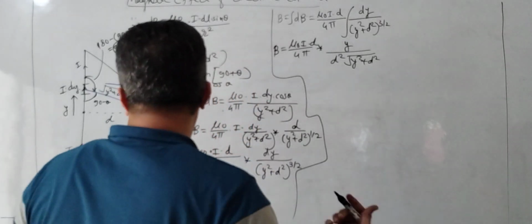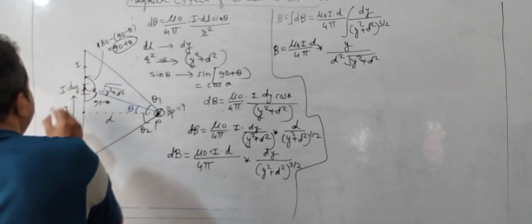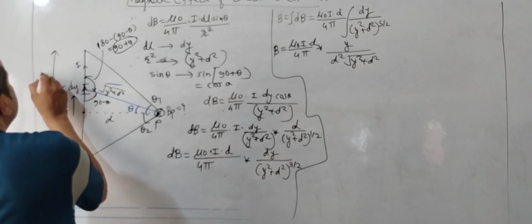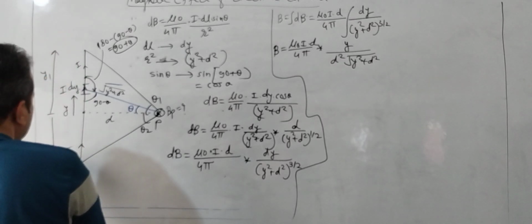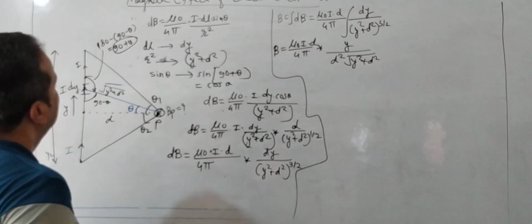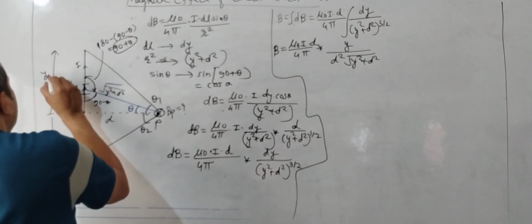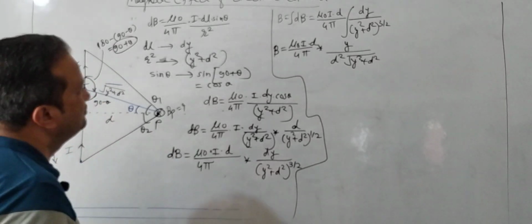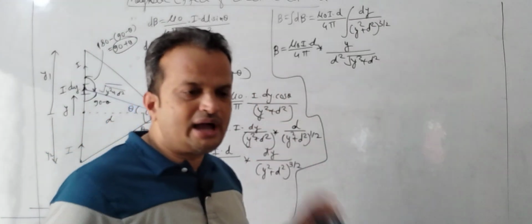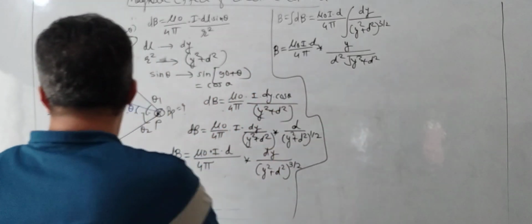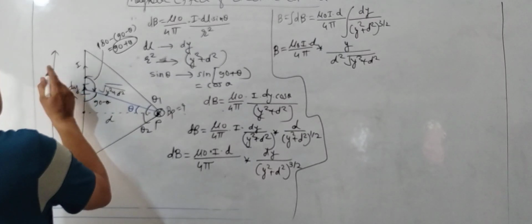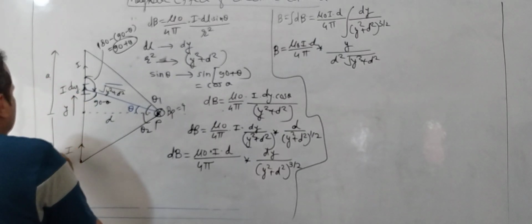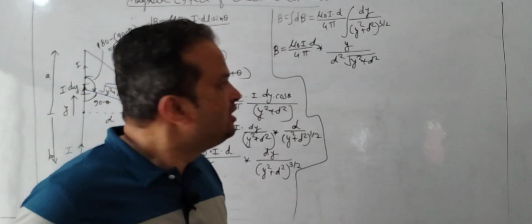Okay, let's say this is the length, from here we have taken, this is the wire. Let's say this is y1 and this is y2. Okay, or you can name anything, let's say a to b, whatever you like.